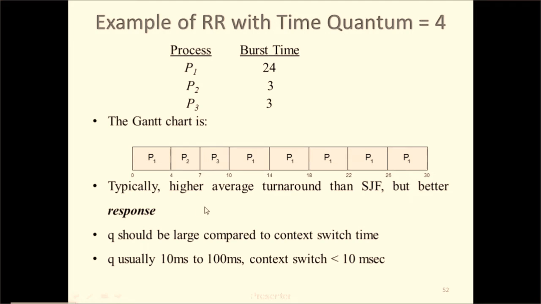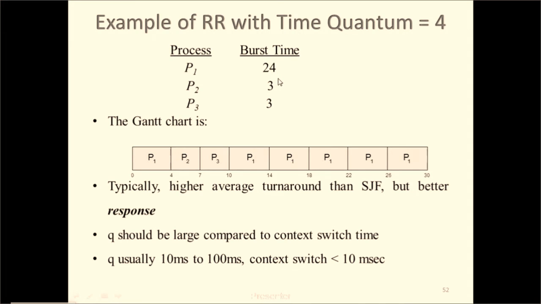Typically, there are a few points. Typically, higher average turnaround time than SJF, shortest job first, but response for every process is better. If we compare SJF and this algorithm, there is no problem. Even now, knowing the burst time is not necessary.